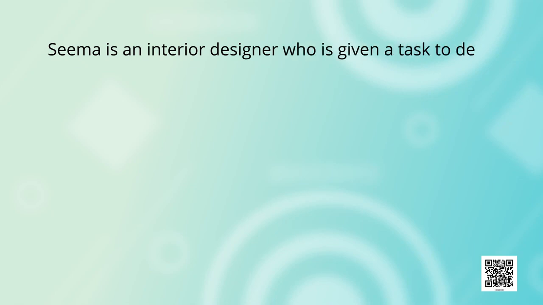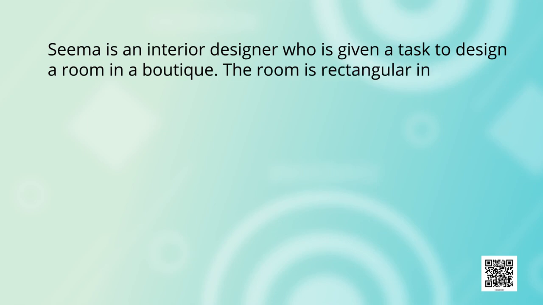Seema is an interior designer who is given a task to design a room in a boutique. The room is rectangular in shape, as you can see. To make the designs, she makes use of coordinate geometry.